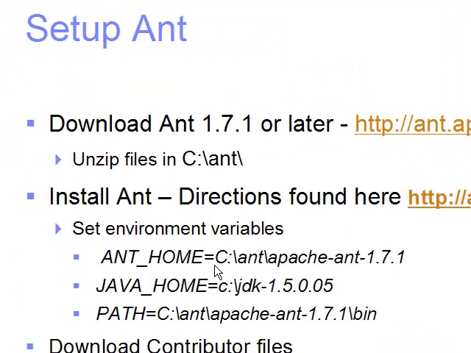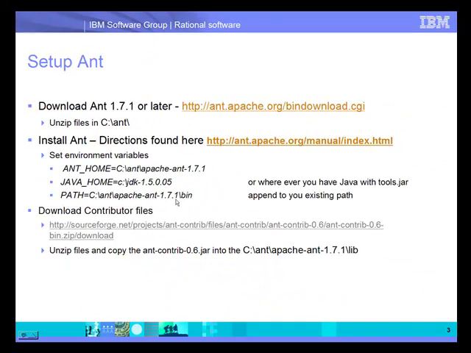So assuming that you've installed it into C:\Ant Apache Ant, you'd set it to that. You need to specify where you've installed Java. So I'm actually using the JDK version 1.5. And then you also need to update your environment variable for your path so that when you do the Ant tasks, it'll be able to resolve those as well.